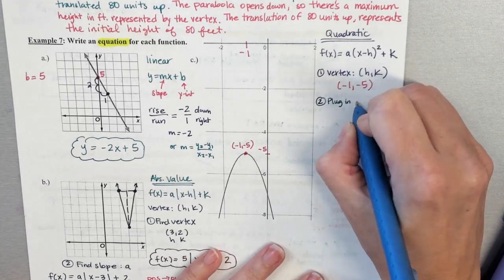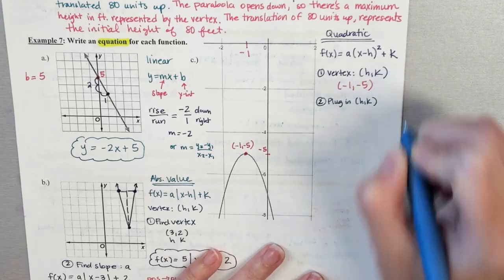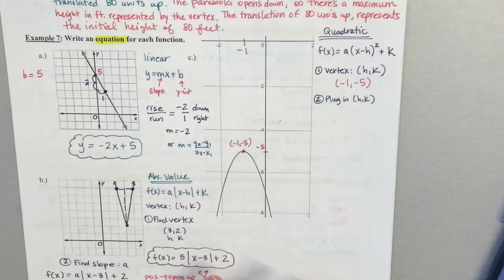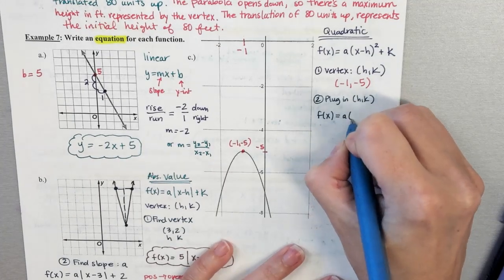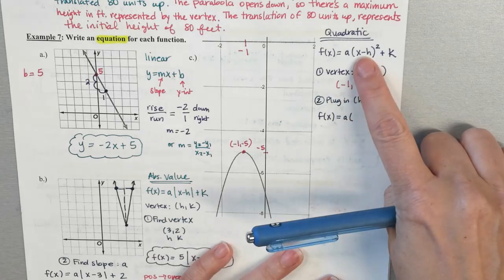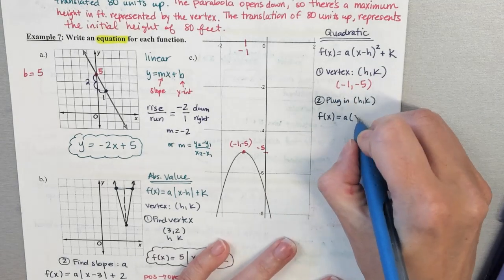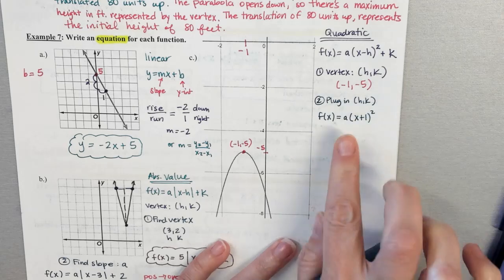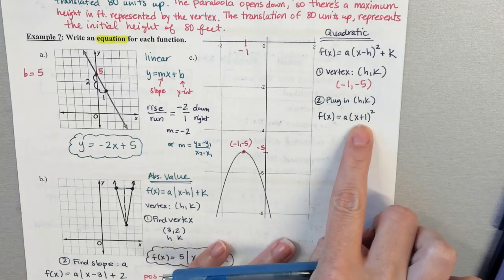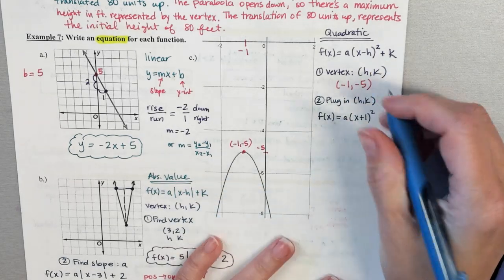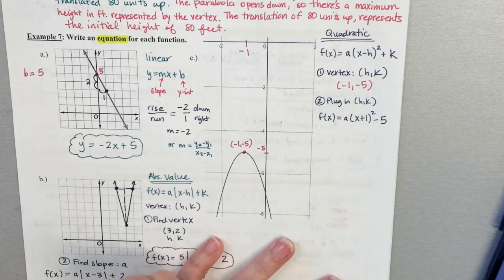Okay, so we're going to plug in HK. So we'd have f of x equals a times, and then when you have minus a negative, it's going to turn into plus. So this is x plus 1, and then the plus k, because that's a negative, it's just going to be minus.